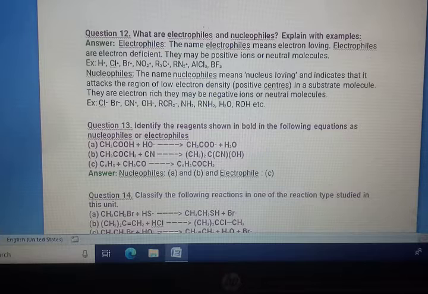Examples: H+, Cl+, Br+, NO2+, R3C+, and AlCl3, BF3, electron deficient compounds, are known as electrophiles. Electron rich compounds like Cl-, Br-, CN-, OH-, RCH2-, NH3, RNH2, H2O, ROH, these are all nucleophiles. Now we are moving towards the next question.